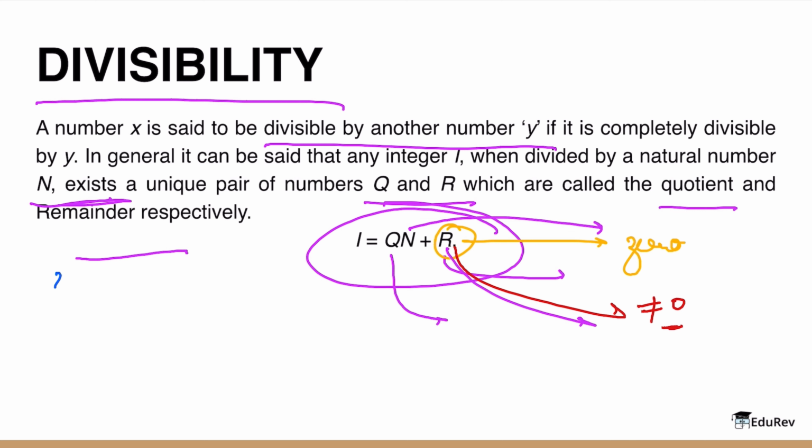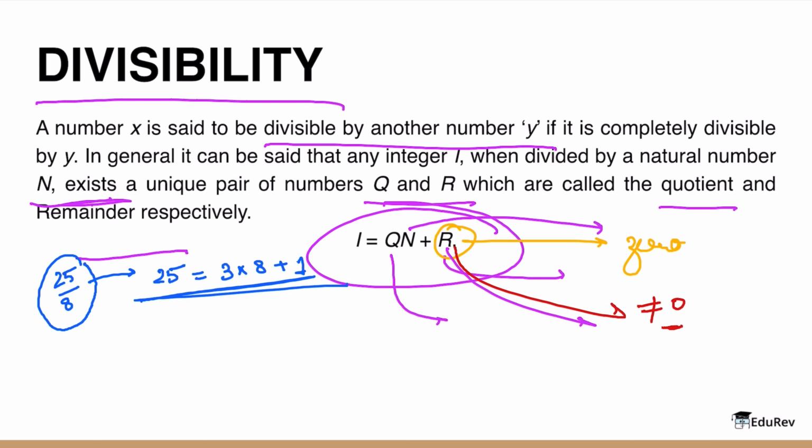Now suppose 25 is divided by 8. Now if I have to divide 25 by 8, can I write this in the format 25 equals 3 times 8 plus 1? Now why did I write it in this format? Obviously 3 times 8 is nothing but your 24, and when 24 plus 1, then what it gets me is 25.